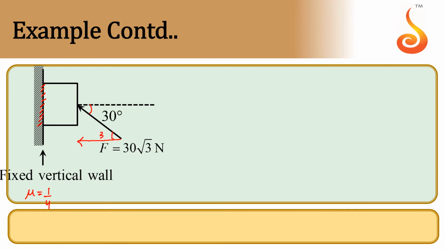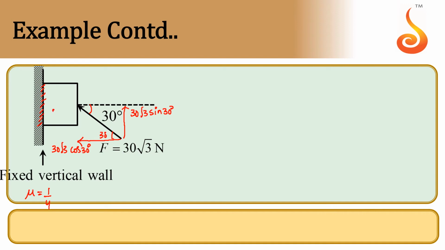So what we get is 30√3 sin 30 and 30√3 cos 30. Here 30√3 cos 30 is pinning the block against the wall, whereas 30√3 sin 30 is acting in the upward direction.